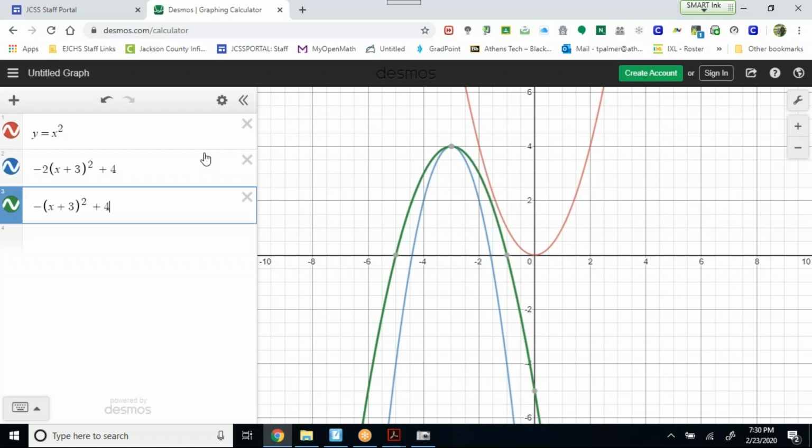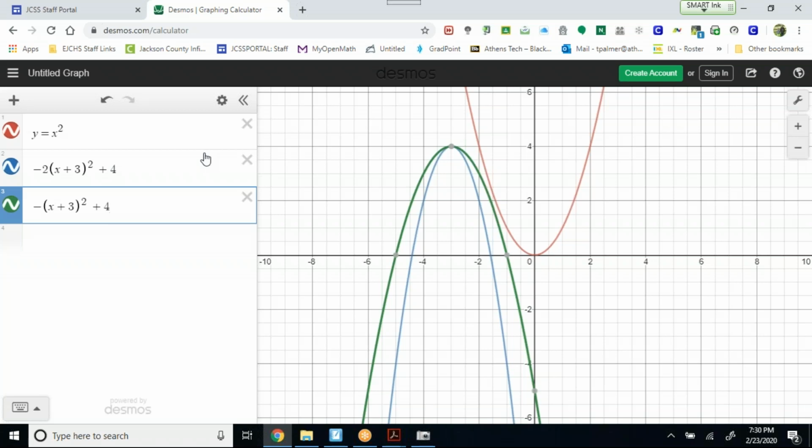If it's between 0 and 1, you would have a compression.